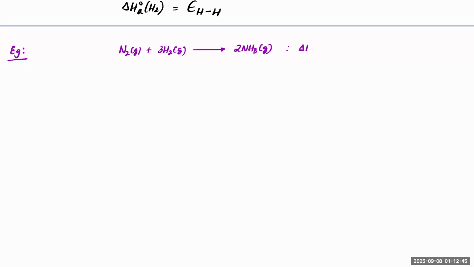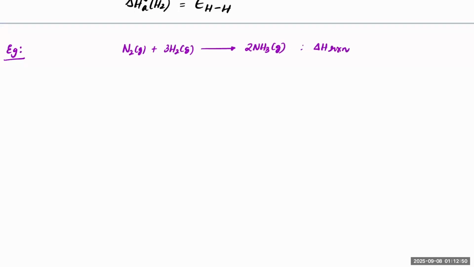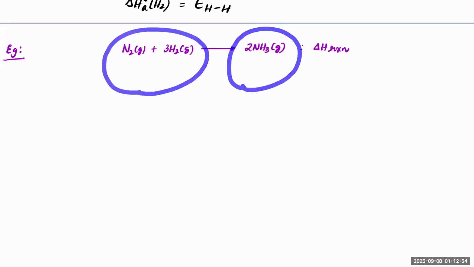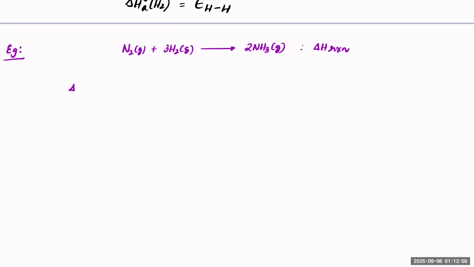So if I write delta H of this reaction, then delta H of the reaction is enthalpies of the product minus enthalpies of the reactant. So I can write delta H of the reaction is equal to 2 times delta H of formation of ammonia minus 1 time delta H of formation of nitrogen plus 3 times delta H of formation of hydrogen.